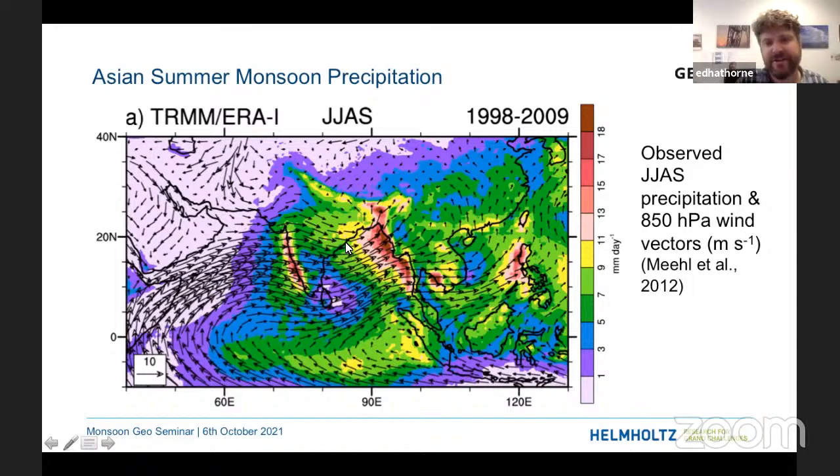And then you can see the core convective region with the most rainfall is here over the Bay of Bengal, into Myanmar, Indo-Burman ranges, into Bangladesh, and along the foothills of the Himalayas. I just want you to keep this in mind as we go through the talk, that this really is where the rainfall is 18 millimeters per day, which is crazy.